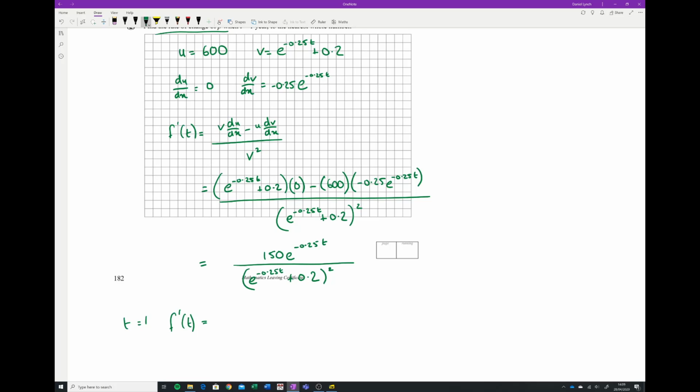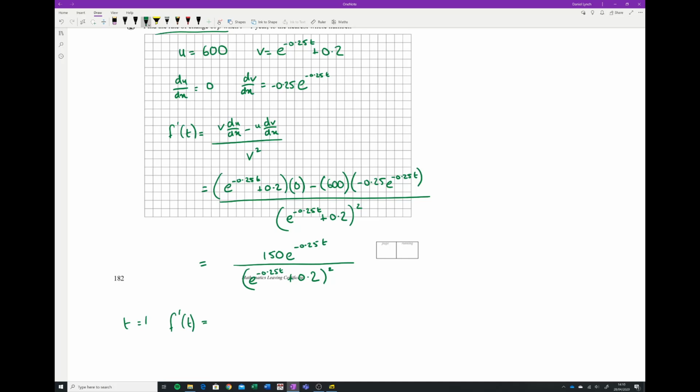So you just put t equals 1 in there. So it's 150 e to the minus 0.25 times 1, and here we have e to the minus 0.25 by 1 plus 0.2, close brackets, and the bottom bit is going to be squared.